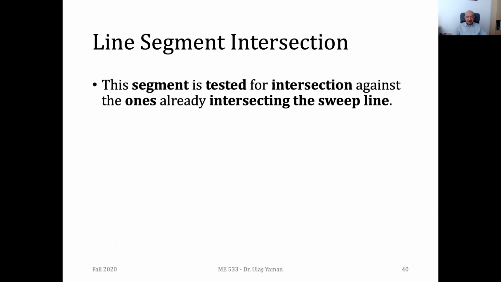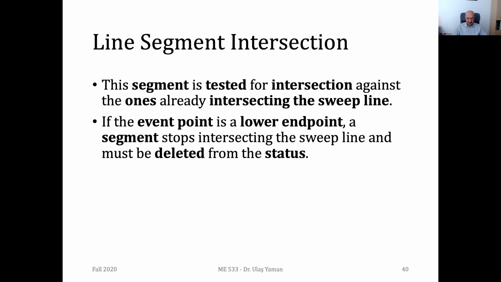So then what we are going to do, if you add a new line segment into your status, then what you should do is to test your line segment with the other line segments in the sweeping line. Since it means that if you are adding a new line, we said that initially there is just 3 of them. And once you add a new line segment into it, let's have this one.